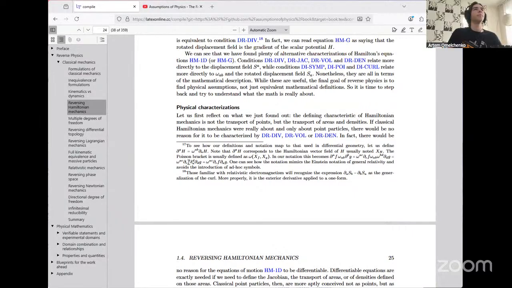Note that partial A of H corresponds to the Hamiltonian vector field of H, usually noted X sub H. The Poisson bracket is usually defined as omega of X sub F and X sub G. In our notation, this becomes, I'm not going to read that.